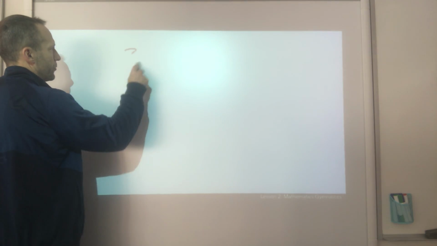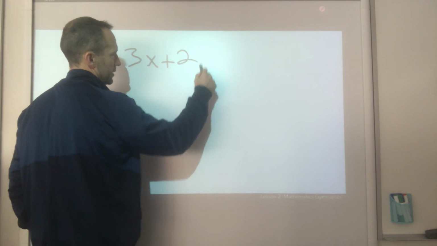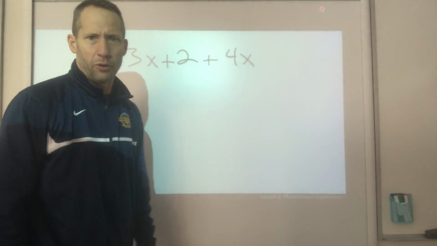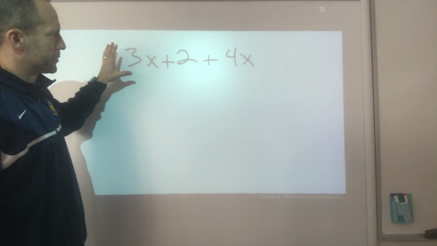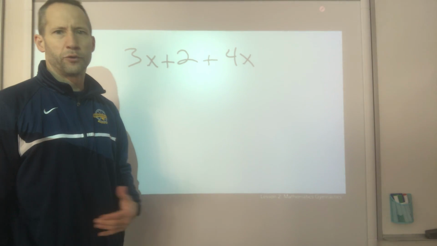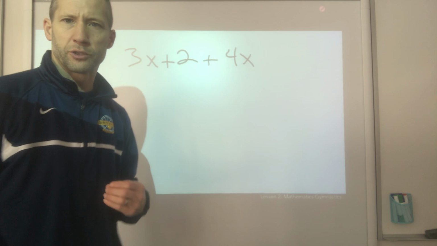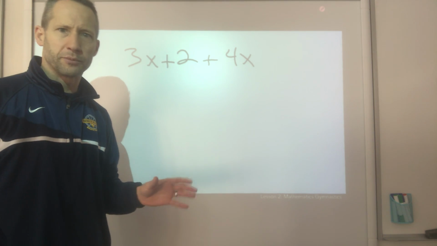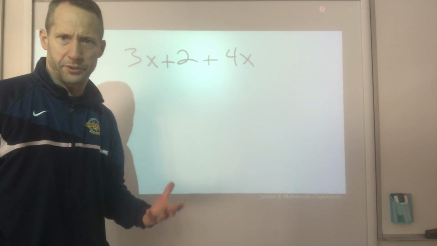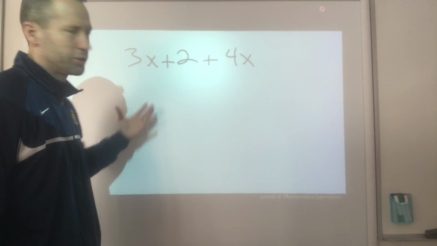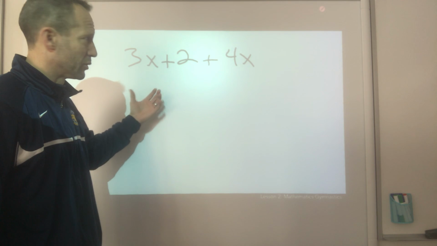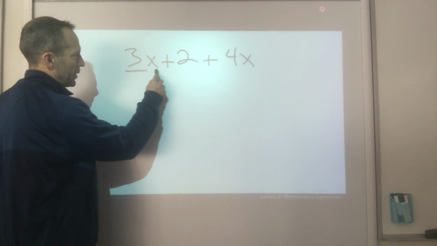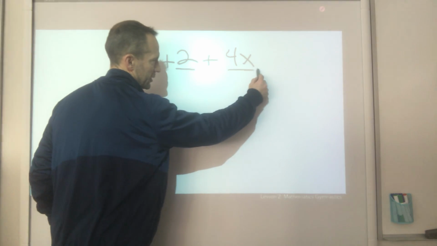So when we look at an algebraic expression, something like this, we talked about how this expression is broken up into terms. If you were in science class or social studies class, when they mention the word terms or key terms or define the key terms, they're talking about words. Well, again, in the math world, we don't use words very often. We use numbers and symbols. So in this case, our terms would be the parts that make up the expressions.